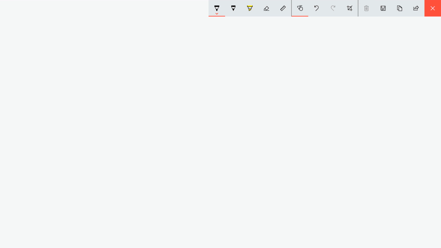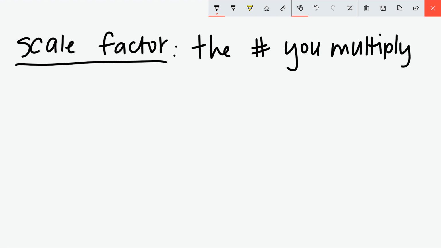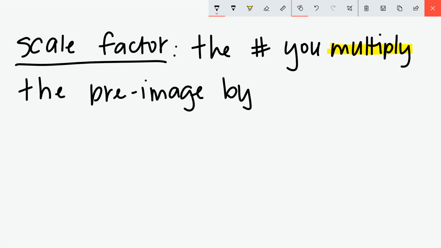So for scale factor, remember we had talked about that being a number you multiply, and very important that we're multiplying, it's not adding or subtracting, the preimage by it to get the image.